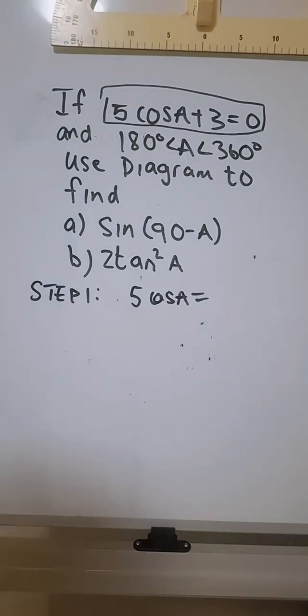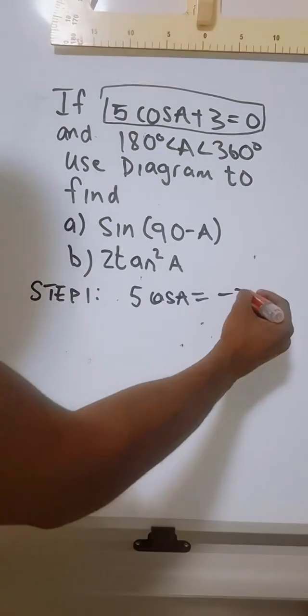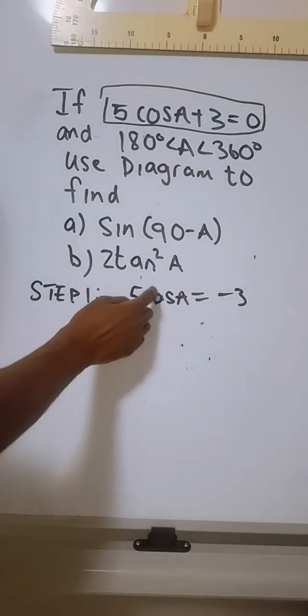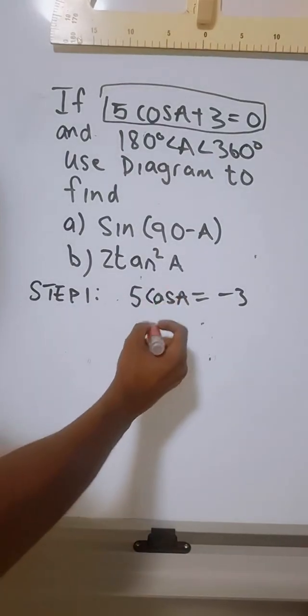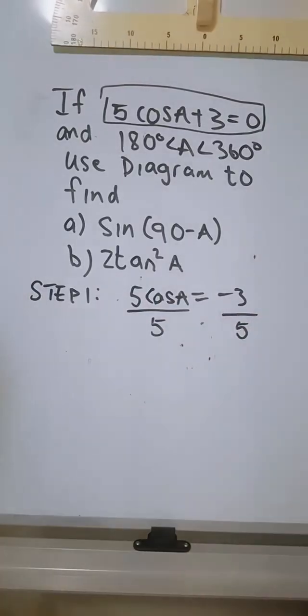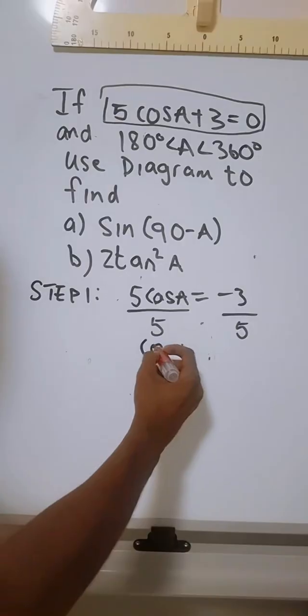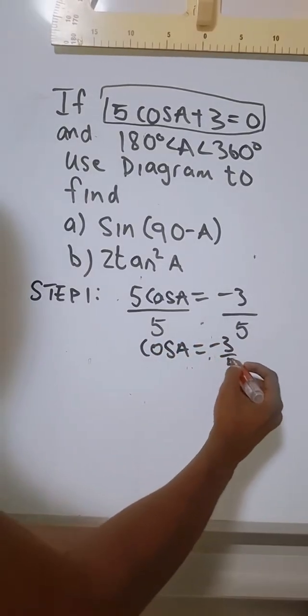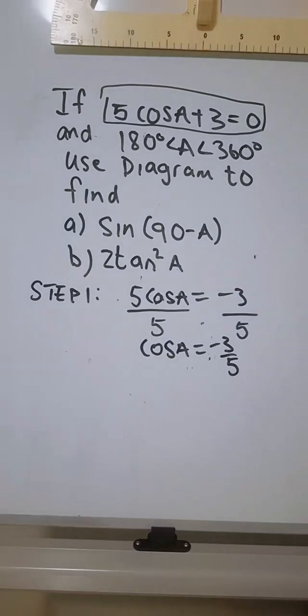We take the plus 3 to the other side to get 5 cos A is equal to negative 3. Then we divide both sides by the coefficient. We get cos A is equal to negative 3 over 5.